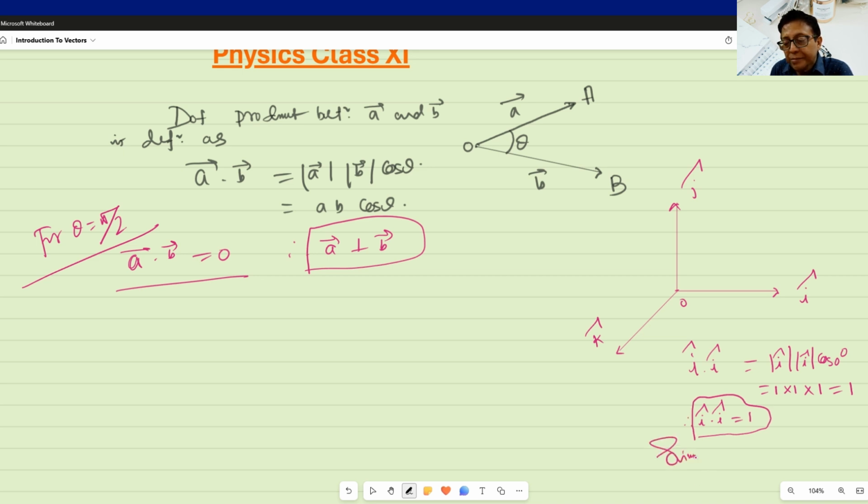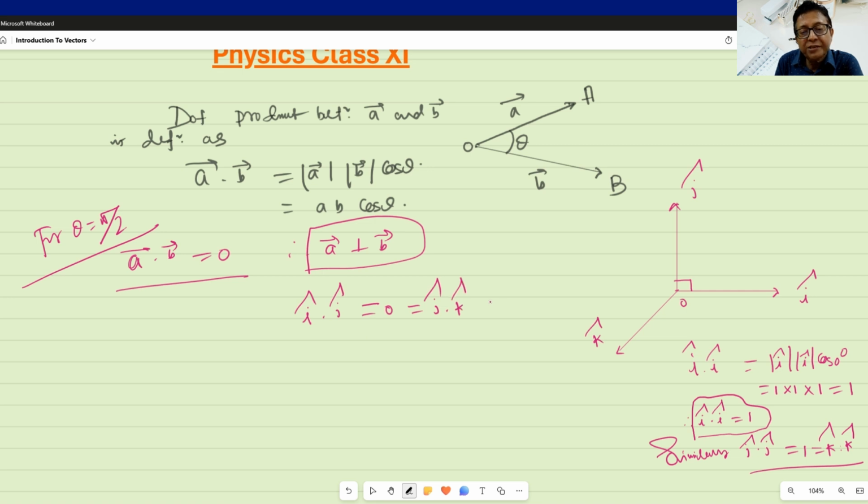Similarly, J dot J is 1, K dot K is also 1. Okay. If we try to find I dot J, what's the angle between I and J? 90 degrees. So this dot product must vanish. J dot K must vanish.